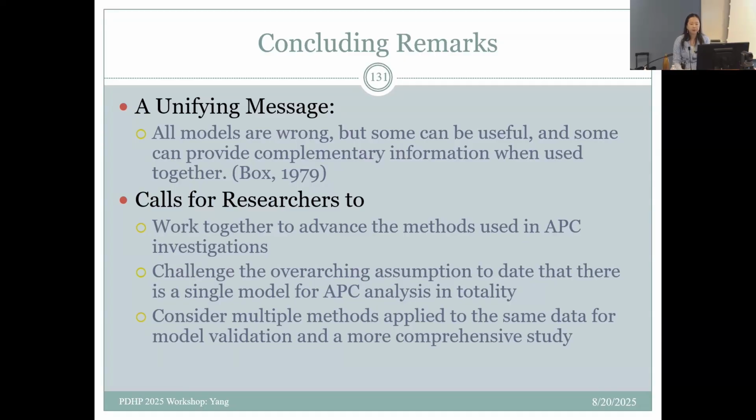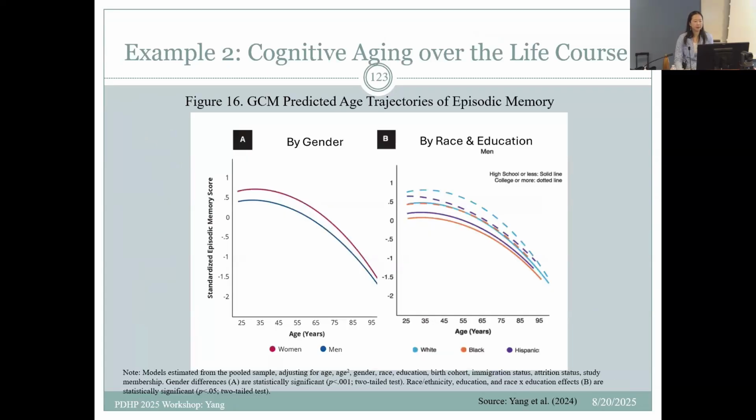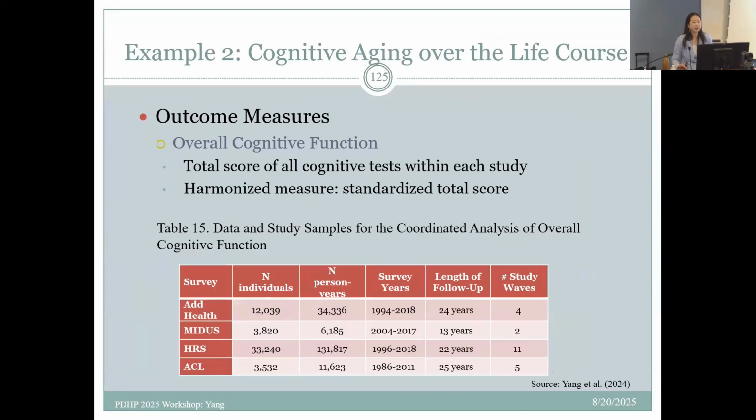I read some recent literature in epidemiology, and they tend to use confirmatory factor analysis to harmonize these cognitive measures. So given the data structure you worked with, do you think CFA could be applied for harmonization in your context? Or what kind of challenges do we need to address to apply the CFA approach in harmonization? Thanks.